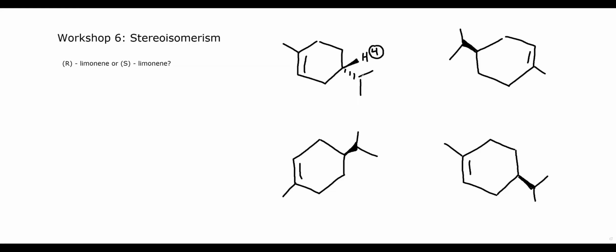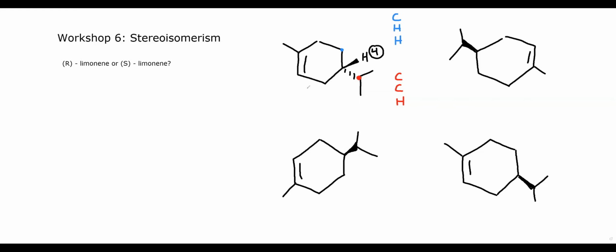Going in the red direction here, we have a carbon connected to 2 other carbons and 1 hydrogen. Going off in the blue direction, we have a carbon connected to a carbon and 2 hydrogens.